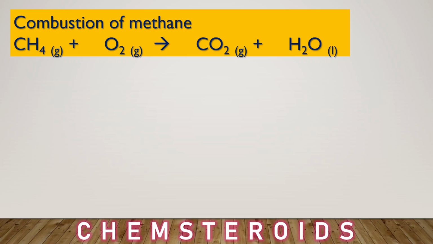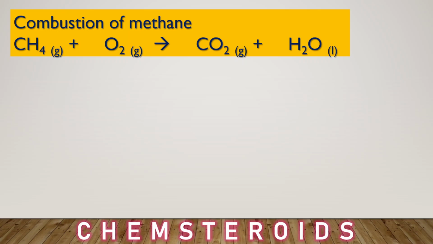Whenever you balance combustion reactions, do remember you have to balance first carbon, then hydrogen, then oxygen. This is the order that you have to follow, and if you follow this order, you will be able to balance the reactions in a quicker way. Let me repeat, always balance first carbon, then hydrogen, followed by oxygen.